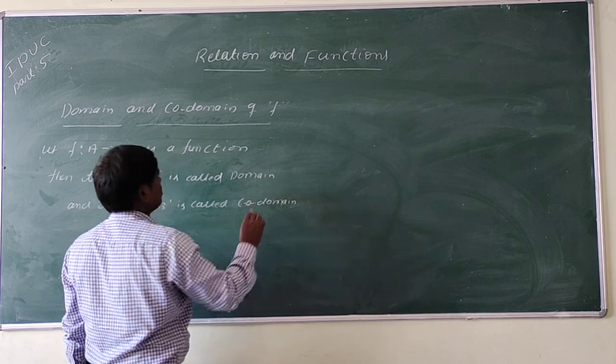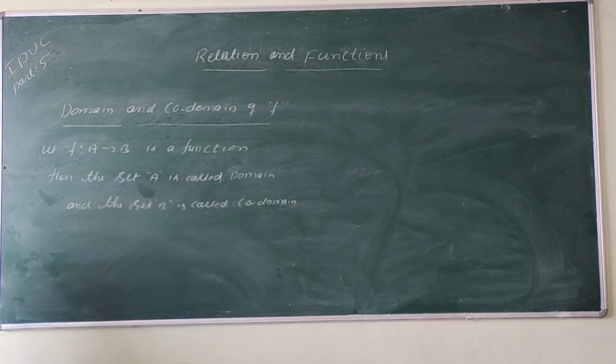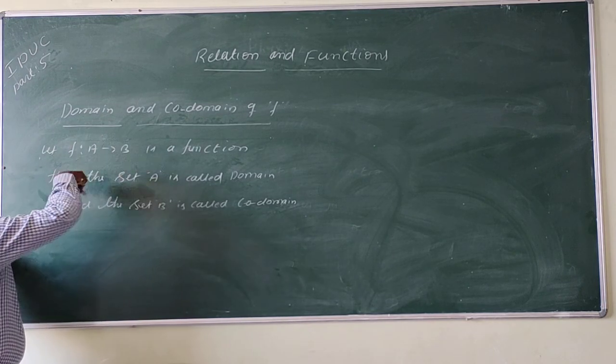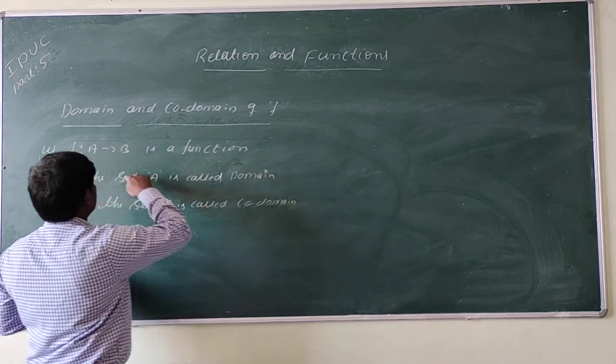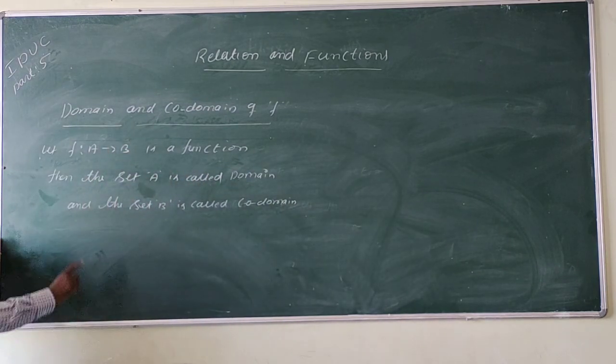Okay, suppose f is mapping from A to B is a function, then the set A itself is the domain, and set B itself is the codomain.